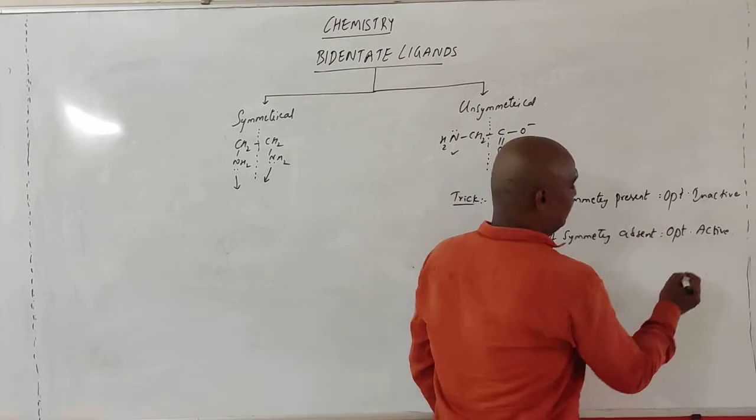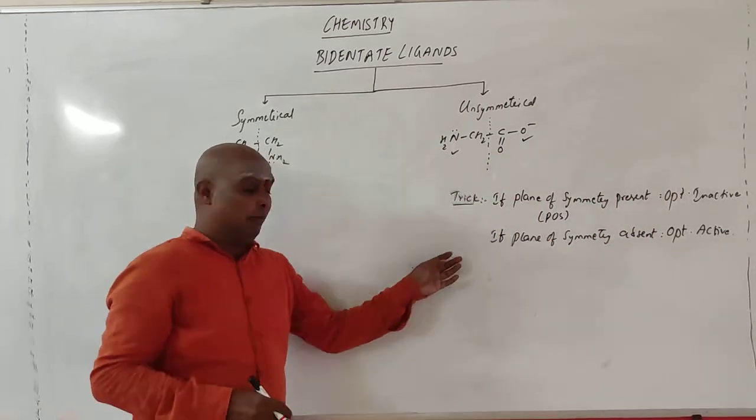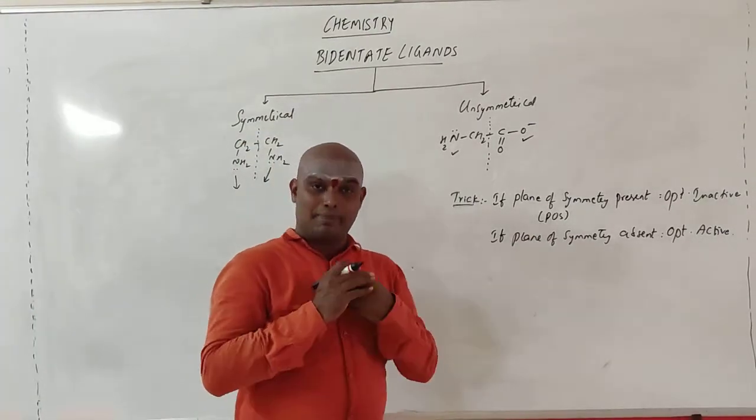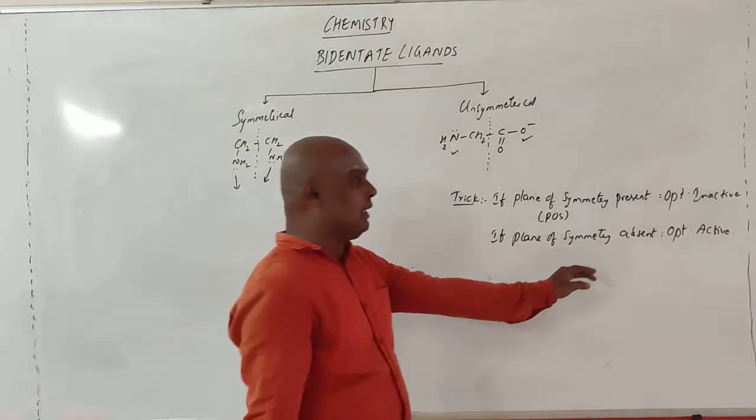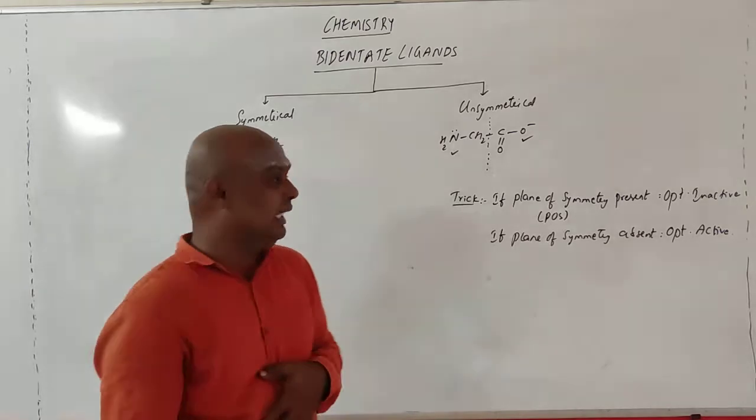If the plane of symmetry is absent, then it is an optically active compound. An optically active compound is one where the plane of symmetry is not at all present. If the plane of symmetry is present, then it becomes optically inactive.